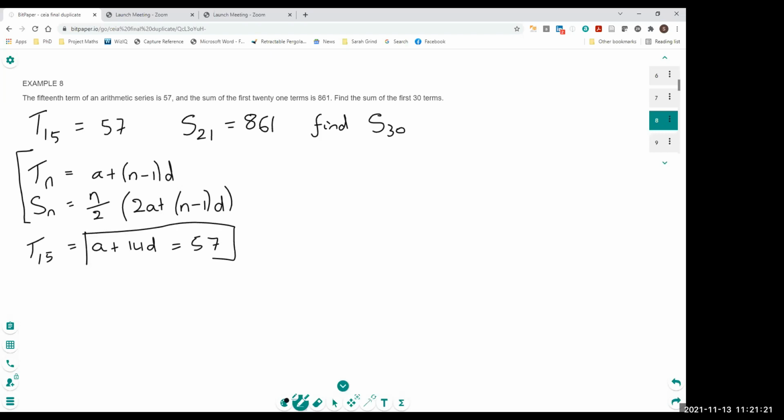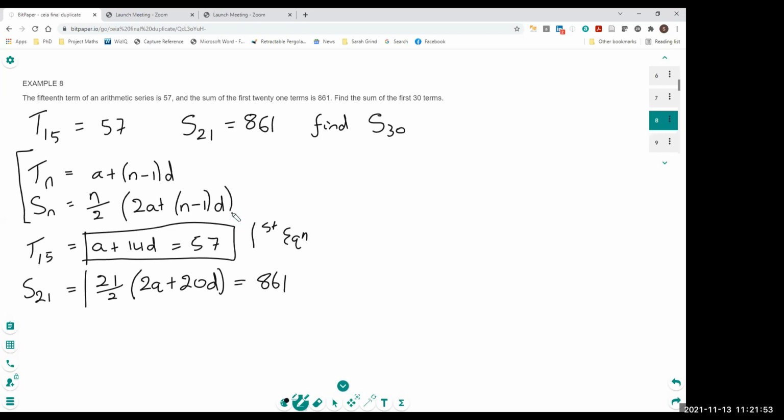Straight away, that's our first equation in two variables. S of 21 is equal to 21 over 2 times 2a plus 20d, and that's equal to 861.